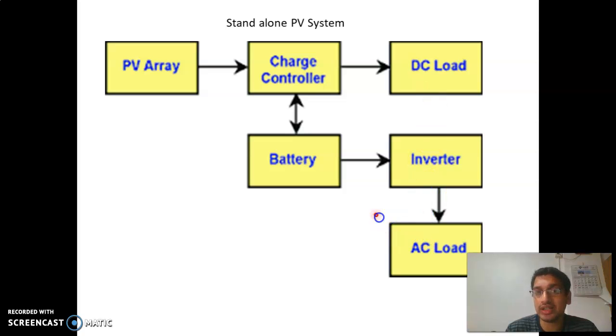So the drawback is the battery system. The installation of battery causes more capital cost of the system, and also if both the PV and battery are dead, we cannot energize the DC and AC loads. That's the standalone PV system.